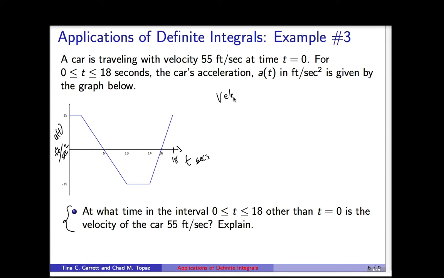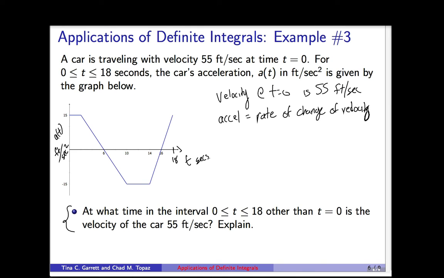We know velocity at time 0 is 55 feet per second. And we know that the acceleration is the rate of change of velocity. Think about that: velocity is feet per second, and if you think about how that changes per second, that's feet per second squared.